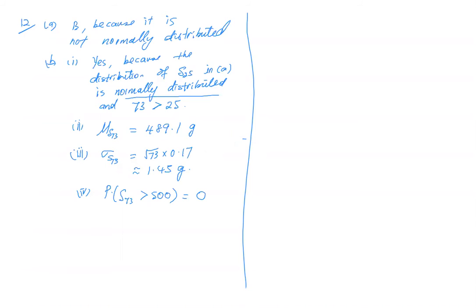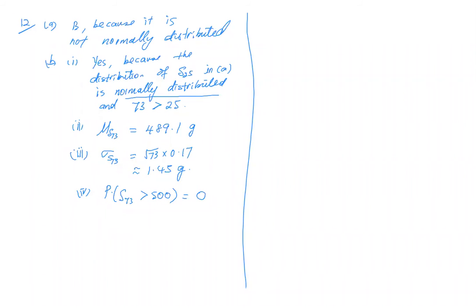Then they say the nails are sold in a packet. Using your answer in B part 4, state how likely it is that the machine will stop filling a packet when the packet contains 73 nails or fewer. Very unlikely, because the probability of the sum of 73 nails weighing more than or equal to 500 grams is approximately 0. Hence, more nails are needed. Yes, you are right.